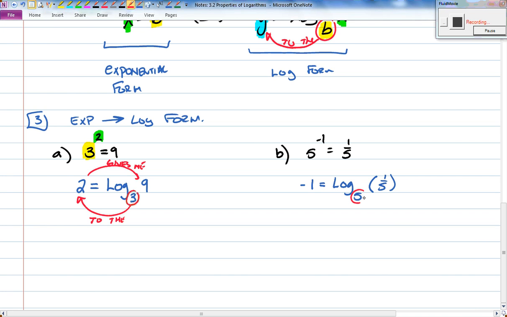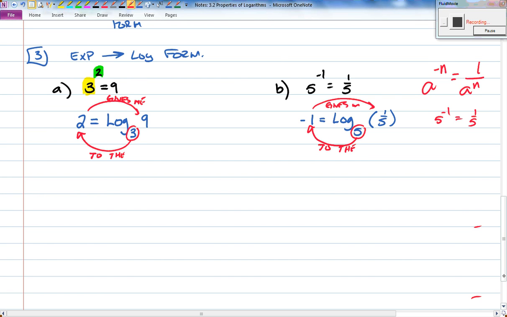Start with the base. 5 to the negative 1, does that equal 1/5? 5 to the gives me. And of course, remember, anything a to the negative n power is equal to 1 over a to the n, right? So example, 5 to the negative 1 is the same thing as 1/5. That's all true. So log form, negative 1 equals log base 5 of 1/5.